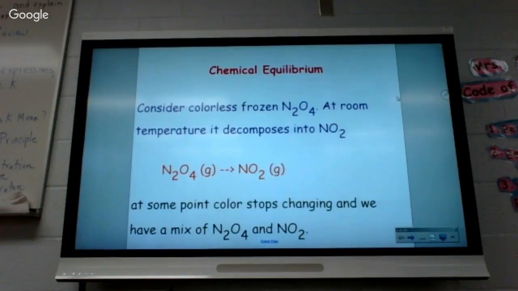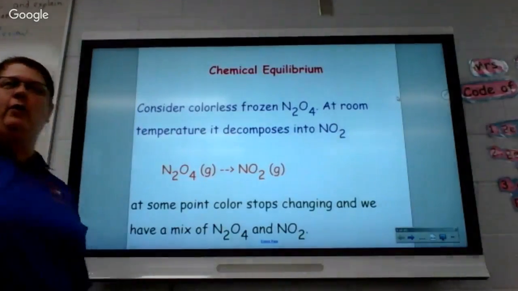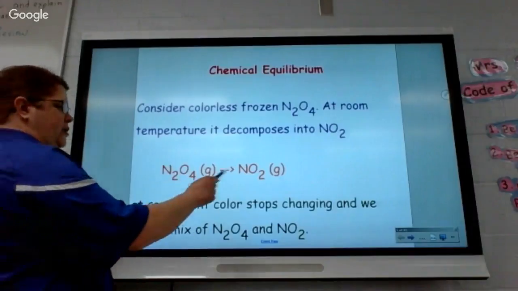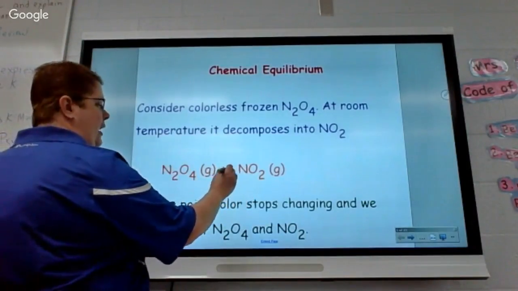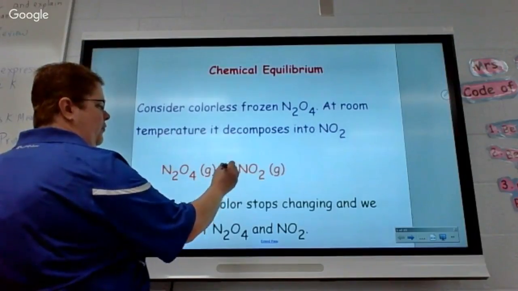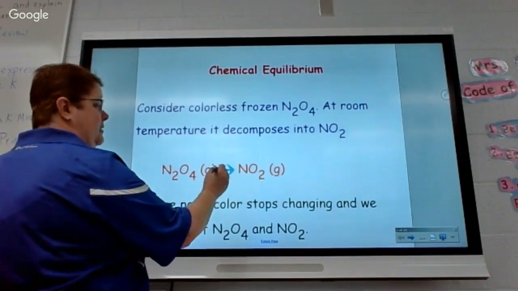Now, if we have this reaction, N2O4, it starts out as colorless. And as it decomposes, it starts to change colors. Now, that's not important for what we talked about yesterday. The important part is, if it only has one arrow and it changes into NO2, this shows that we only have how many types of processes taking place?